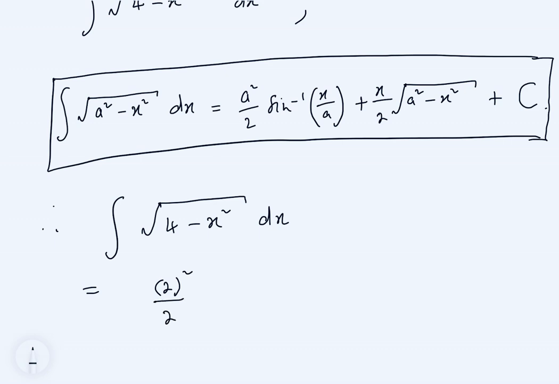Now we're substituting into the formula to get the answer for this specific integral. In place of a, we're going to put 2.